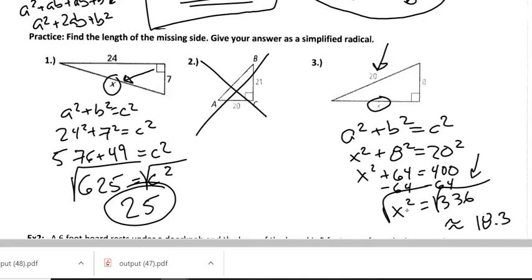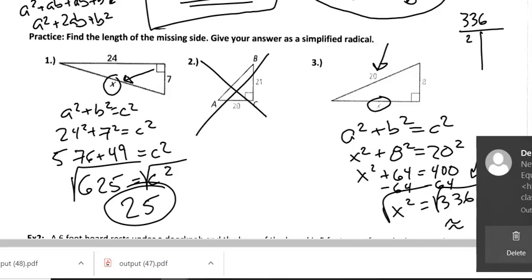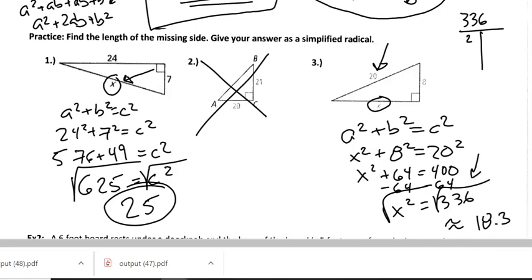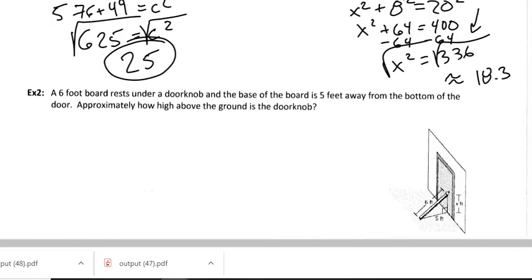You also could have simplified that. Remember where you say 336 and you divide by 2 until 2 doesn't work. We'll talk about that a little bit more in class, just to remind you how to simplify your radicals. So now let's keep on moving on.